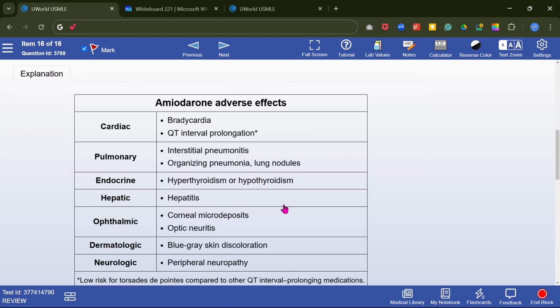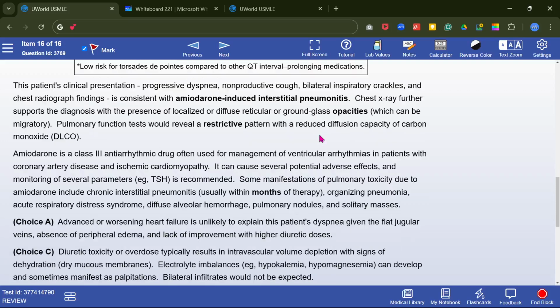Amiodarone toxicity can cause cardiac problems like bradycardia and QT prolongation. It can cause pulmonary interstitial pneumonitis and organizing pneumonia, hyper- or hypothyroidism, hepatitis, corneal microdeposits, blue-gray skin discoloration, and peripheral neuropathy.